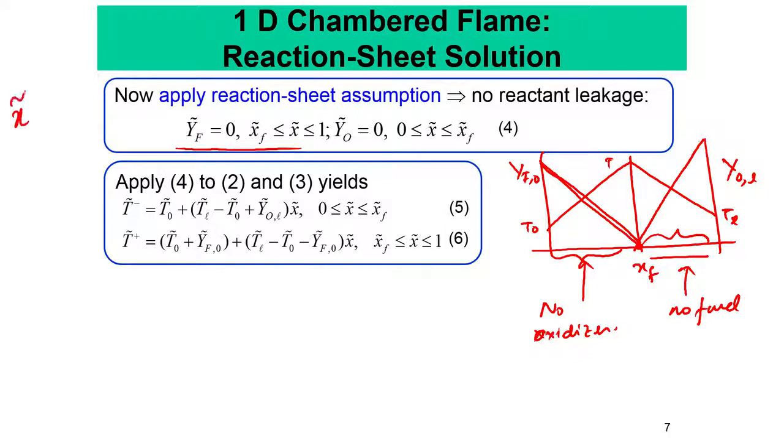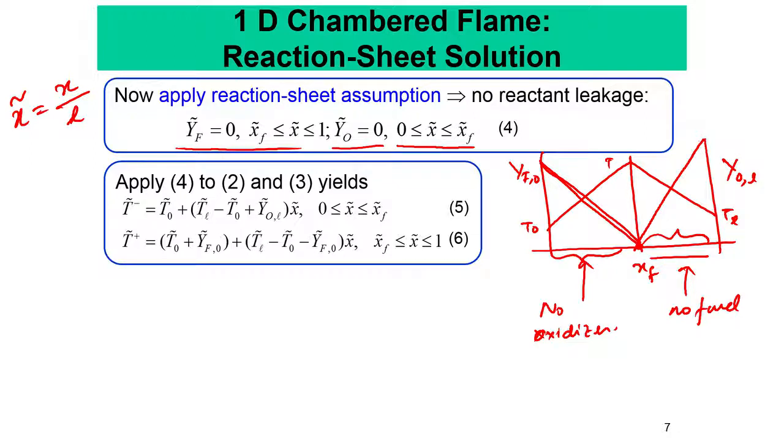Of course, we can non-dimensionalize x as x tilde equal to x by L, so x tilde reaches 1 when x equals L. In this region, since the oxidizer is 0, the mass fraction of the oxidizer is equal to 0 when x is between 0 and xf tilde.